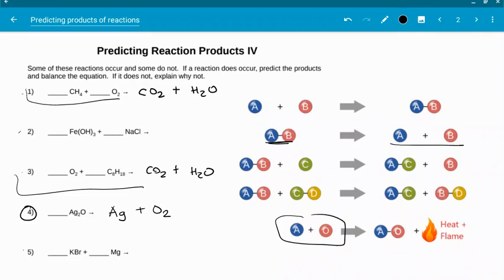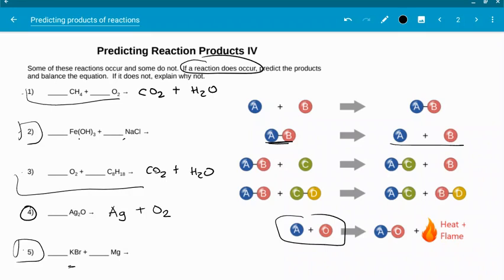Now the last two, number 2 and 5, are replacement reactions. We can see that in number 2, we have two ionic compounds, iron 3 hydroxide and sodium chloride. And the first thing that we have to know is whether this reaction, and also number 5, potassium bromide and magnesium, are going to take place. And if the reaction occurs, what would be the products of it? To know if the reactions will occur or not, we have to keep in mind something.